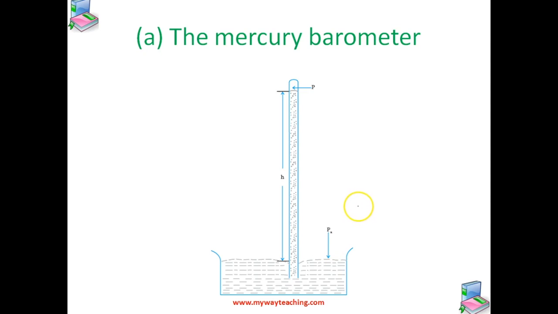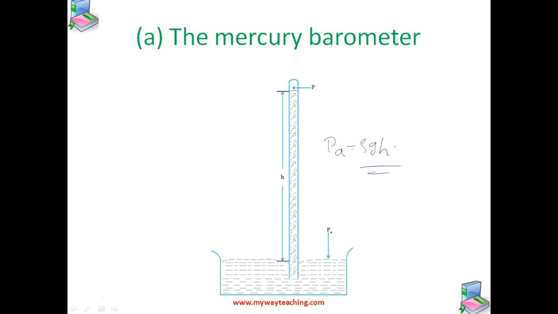A and B are the two points considered at the same level. So Pa is equal to rho gh, where rho is the density of mercury and h is the height of the mercury column in the tube.